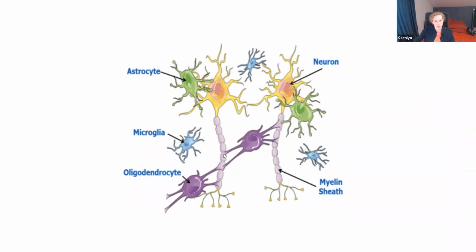And as you said, they have some supportive functions, so they help neurons to get glucose and protect them, and also they help to produce the signal.